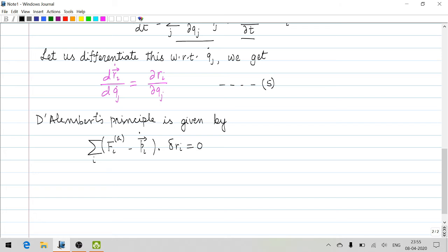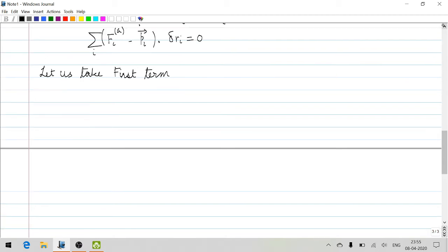Now let us take the first term. Here the first term is summation over i, Fi applied dot delta Ri, which is equal to summation over i Fi applied.